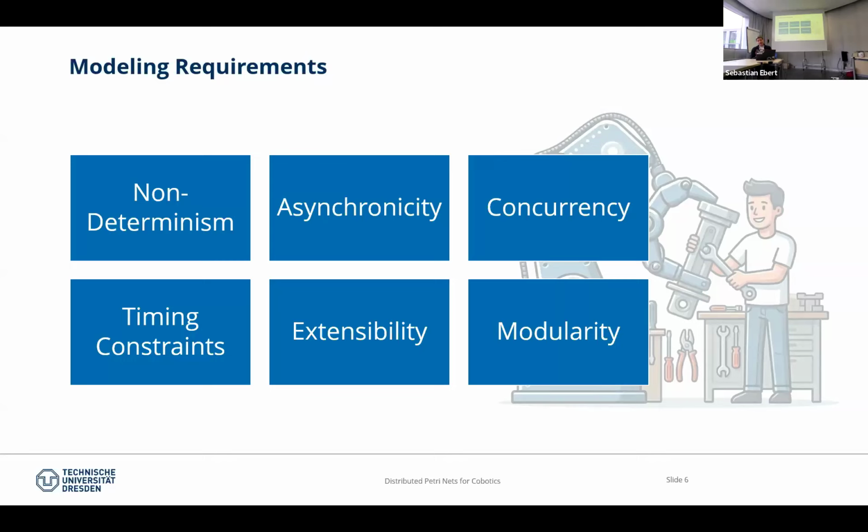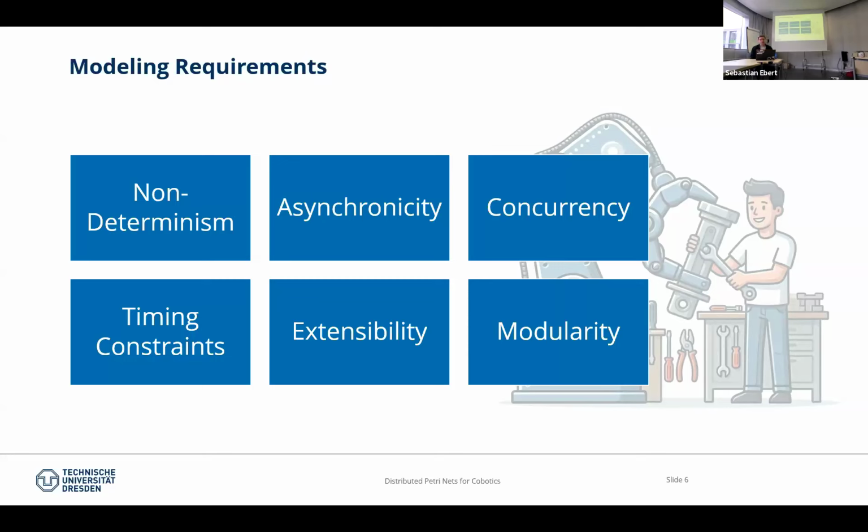But on the other hand, we have timing constraints, because we may need to sense data in a certain timing interval or have real-time constraints. And everything needs to be extensible and modular, because these robotics and also physical applications are usually getting extended at development time. So we need to somehow tackle this problem.